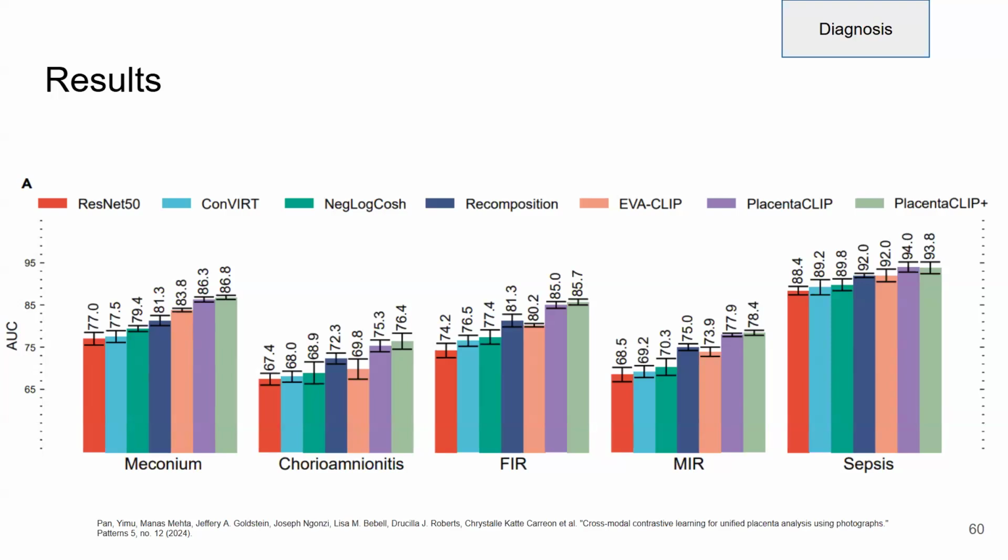And if you compare to other methods with even better pre-trained weights, like EVA CLIP, if you just apply EVA CLIP naively, the performance is not very good. It's actually on par with our previous technique. So that further highlights how important the local information and the external medical knowledge are to the model performance.